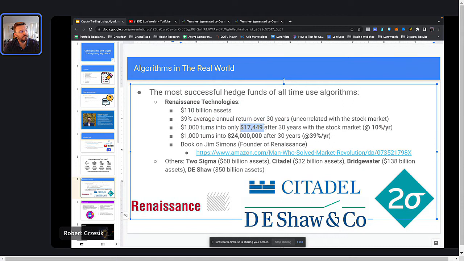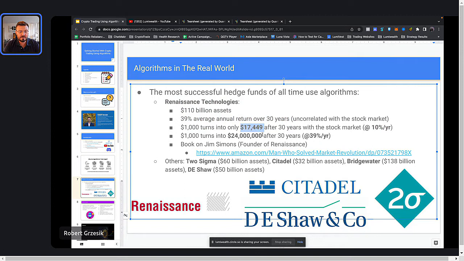But if you were Renaissance, that $1,000, and let me get you the exact figure here because I have an approximation. I'm going to give you that exact dollar amount. It's 1.39 to the power of 30, times 1,000, right?